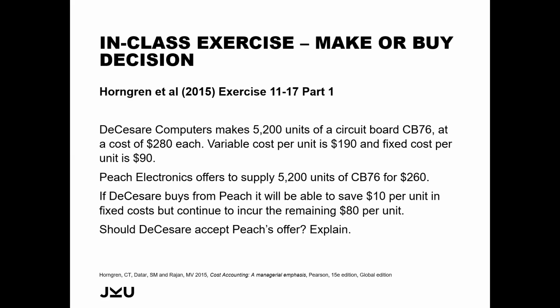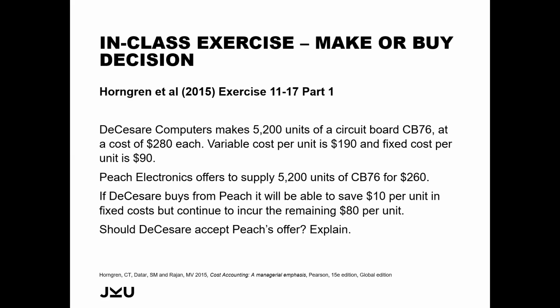In the decision of making or buying, again, we would not take those fixed costs into account, because we would have to pay them anyway. In that sense, they are not relevant costs. However, we did save those $10.